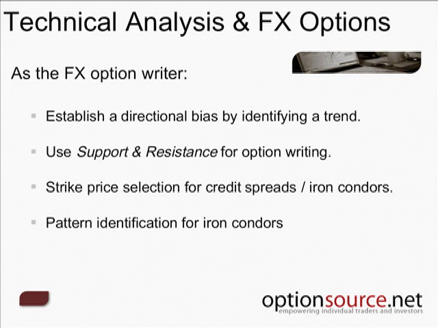The other concern here as we move forward is pattern identification for iron condors. And let's talk about strategy in a little bit, but iron condors are essentially two credit spreads combined. We've got a call credit spread on the upside, we've got a put spread on the downside, and what we're really looking for is a particular value to be range bound.